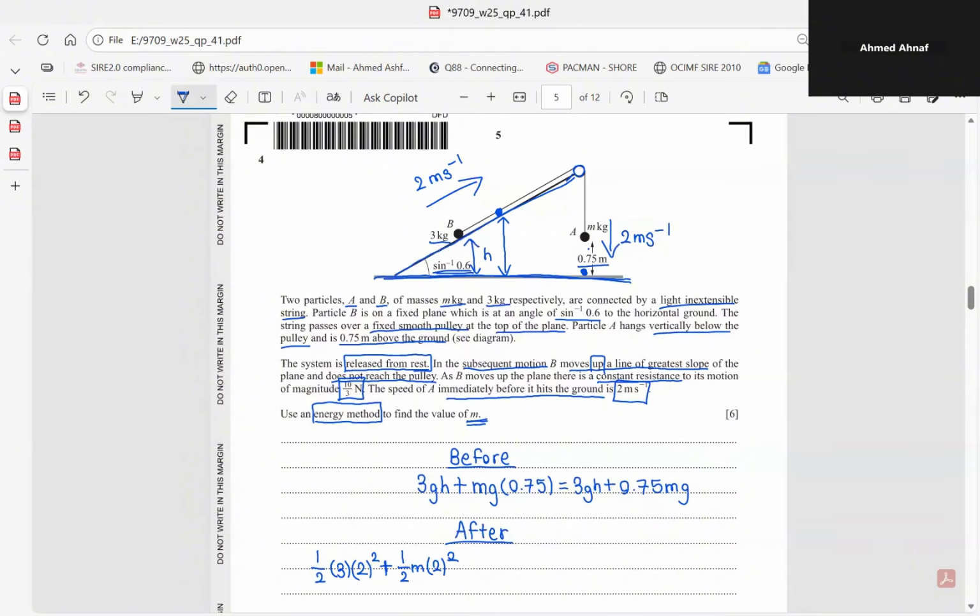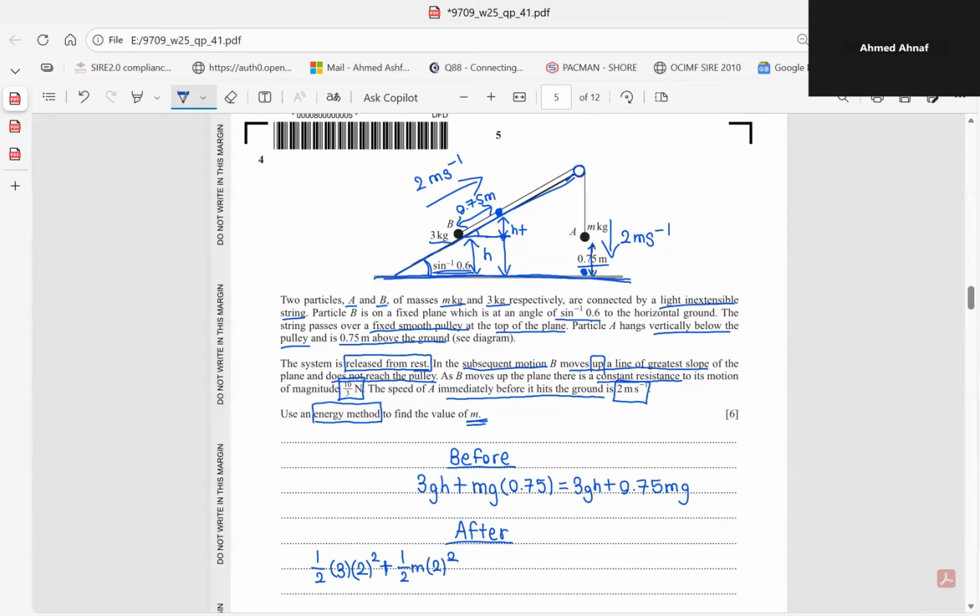So A has moved this whole distance, and since B and A are connected, B has also moved this distance of 0.75. Using similar triangles, this angle is the same as this one, so this height is just h, and until here is h plus this extra bit.